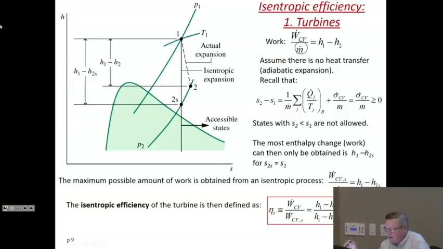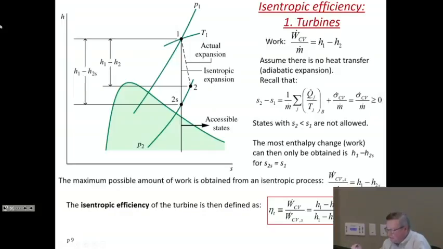The work in this system is H1 minus H2. The change in entropy between 1 and 2 is the heat that's exchanged plus the entropy that's produced over mass. That entropy produced over mass is positive.